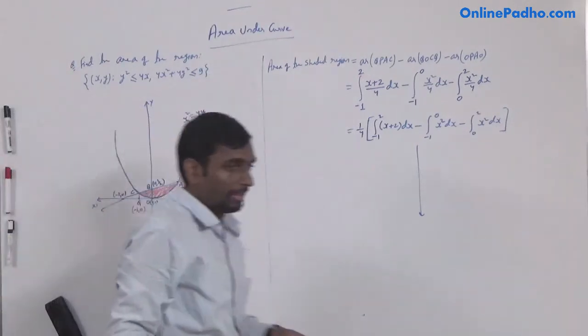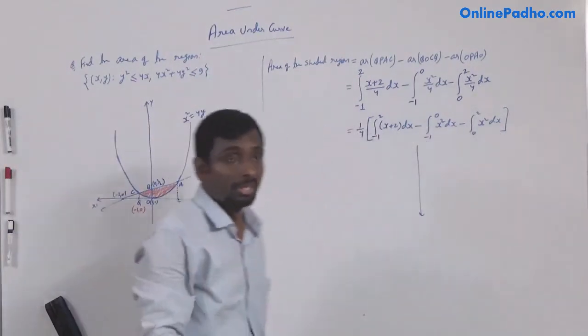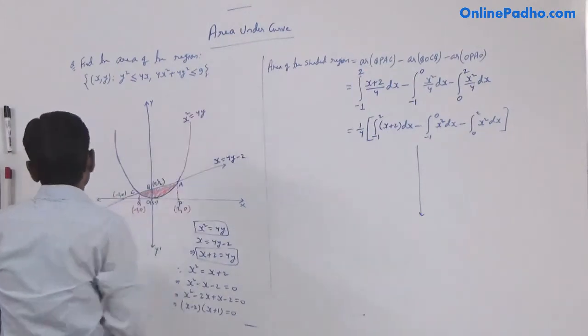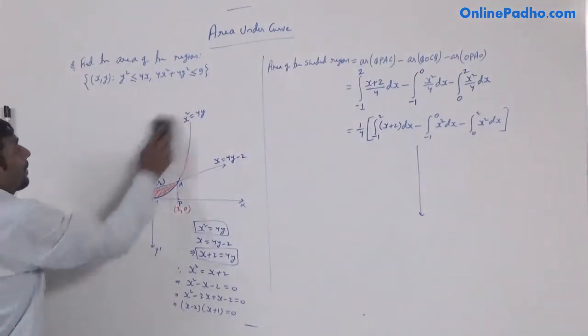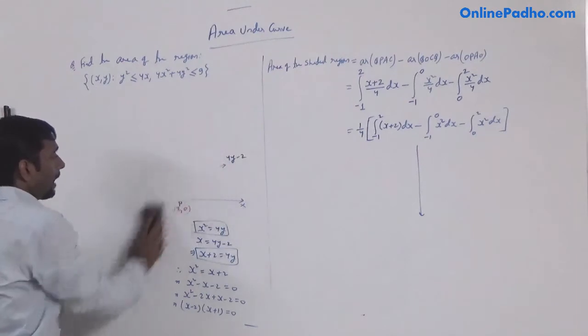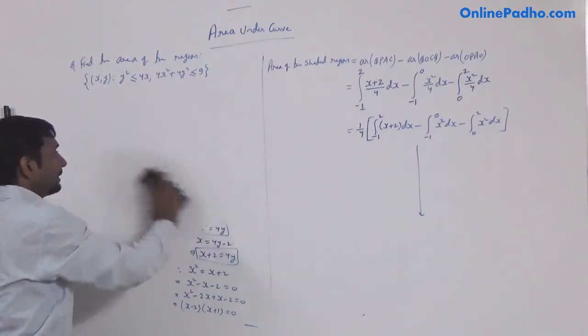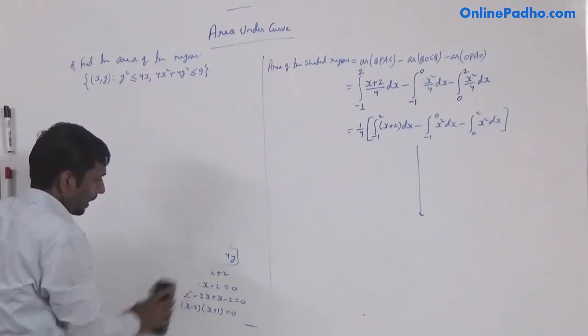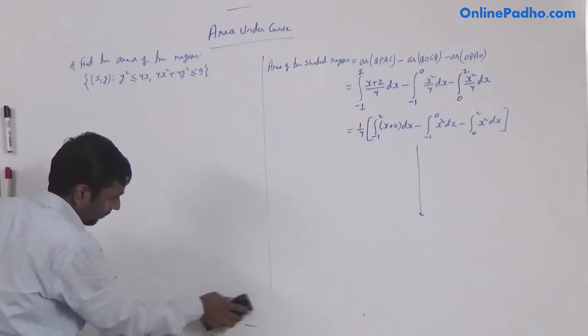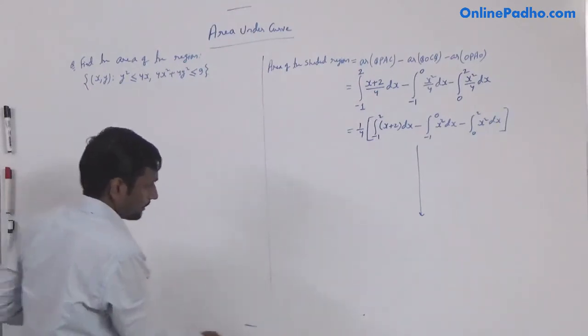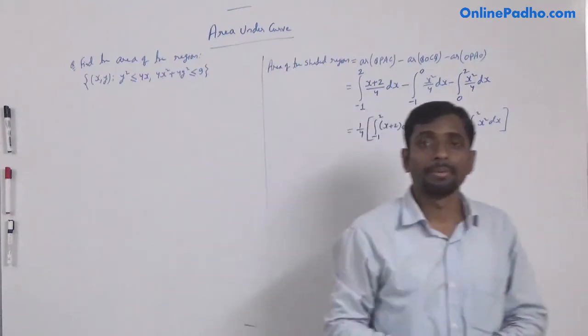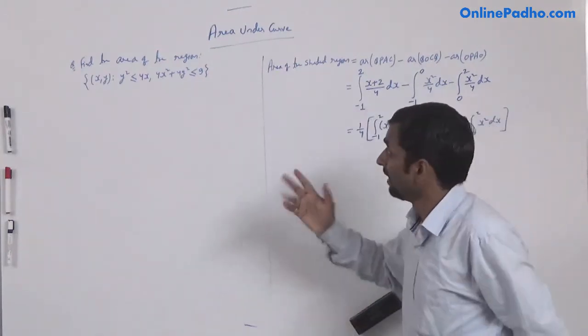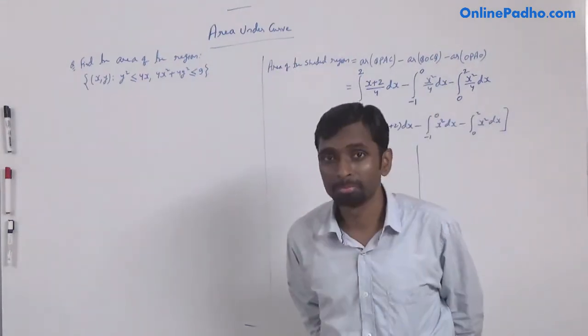Right? It's very simple. Now we have two curves in this. First we have to draw the graph and set the region. If you are able to draw the graph and set the region, you can find the area. It's a very difficult question, I think so.